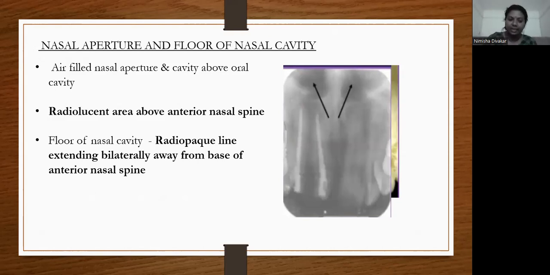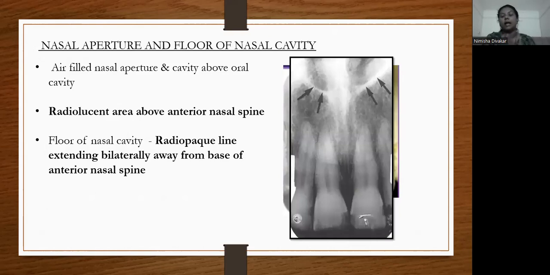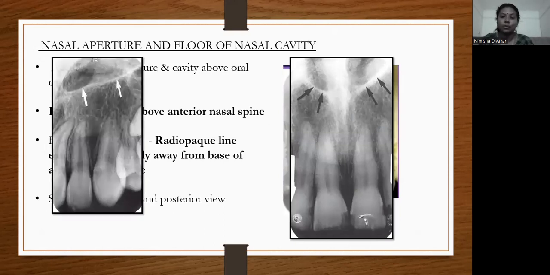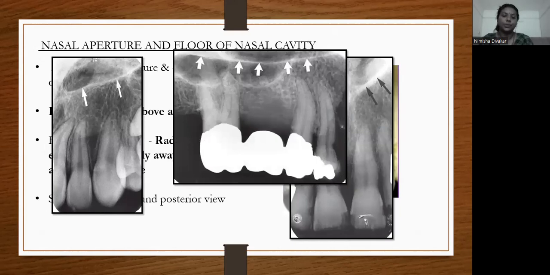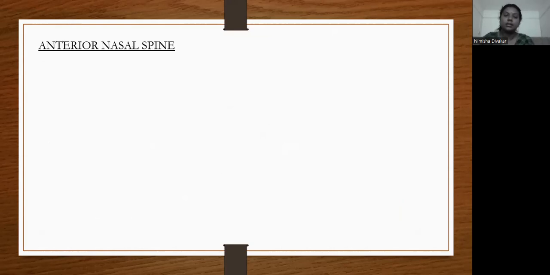This floor can be seen in the anterior projection, and also in the canine view, where it appears as a single horizontal radio-opaque line above the root surfaces. It can also be seen in the maxillary posterior radiograph. So, the floor of the nasal cavity can be seen in the anterior, canine, and posterior projections.